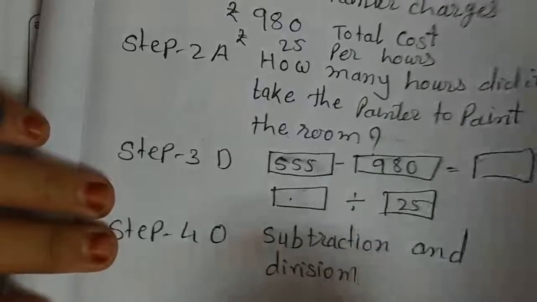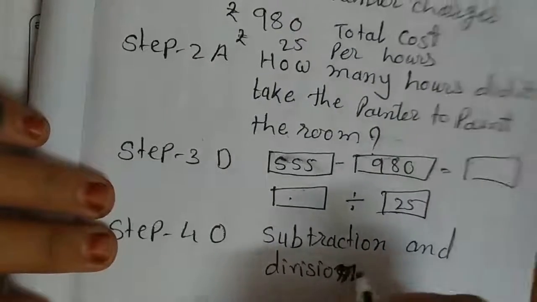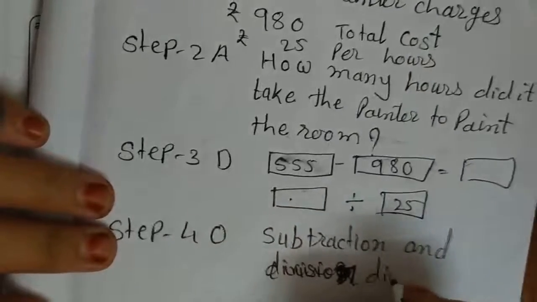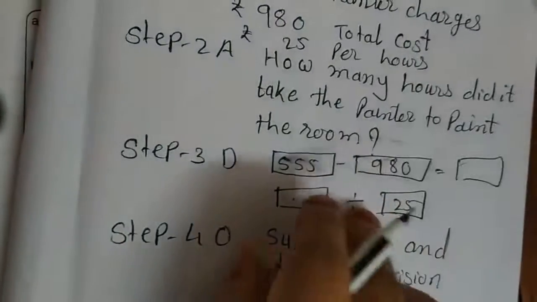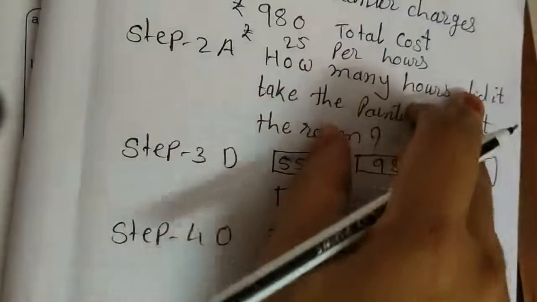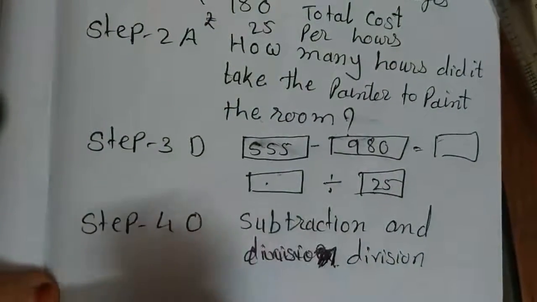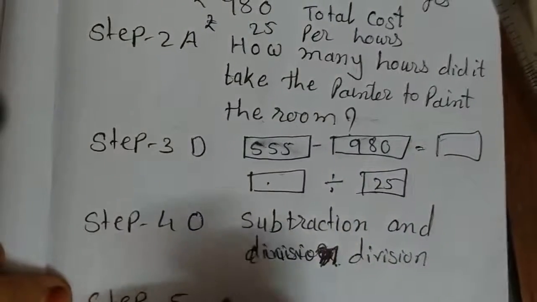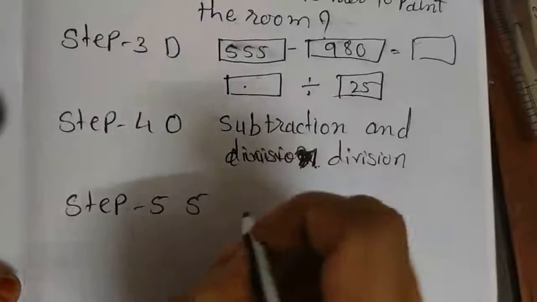Subtraction and division we have to do. Then students, step number 5 is the solution.